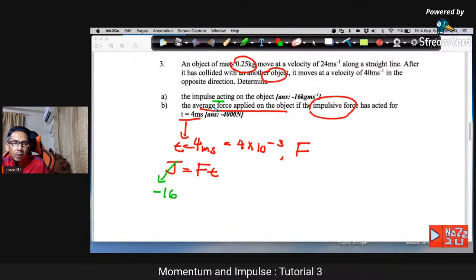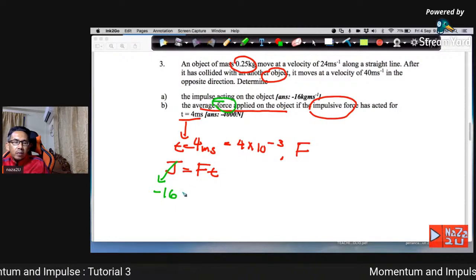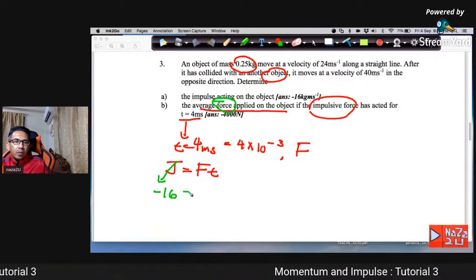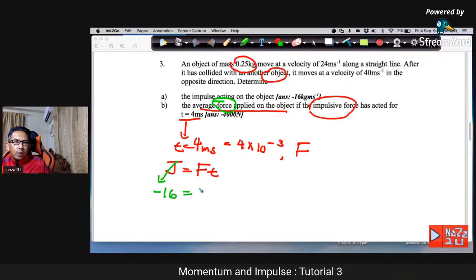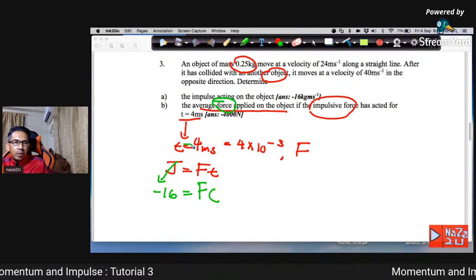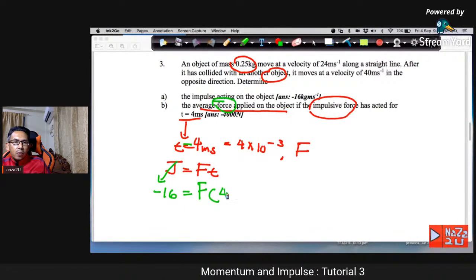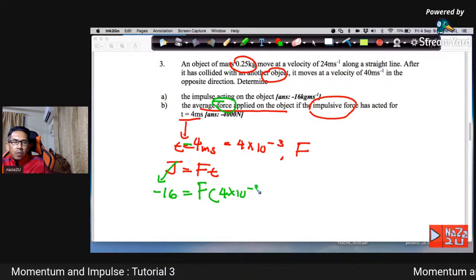the question asks you to calculate the force. The force is a vector quantity, meaning you must have a direction of the force, right? So the force F, and the time taken for the process is 4 milli, which is 4 times 10 power of minus 3.